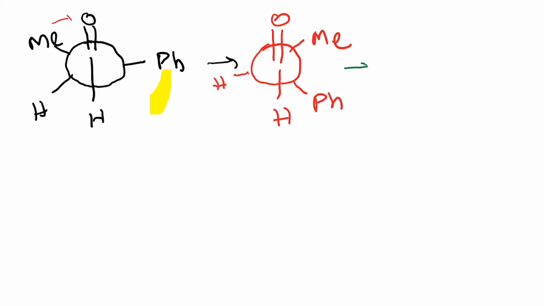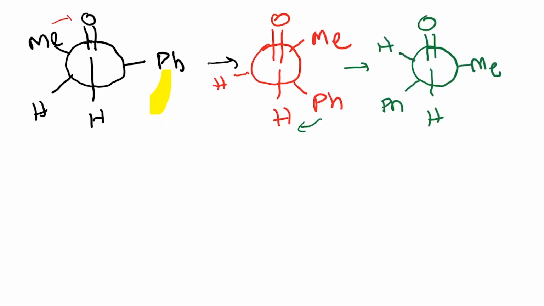Now I'm going to draw one more conformation where I am doing more rotation over here, and here the C double bond O is here, hydrogen is here, and since the phenyl ring has moved here, the methyl now becomes perpendicular to the carbonyl and hydrogen is very close to the carbonyl. Now let me draw one more conformation where we do one more rotation.